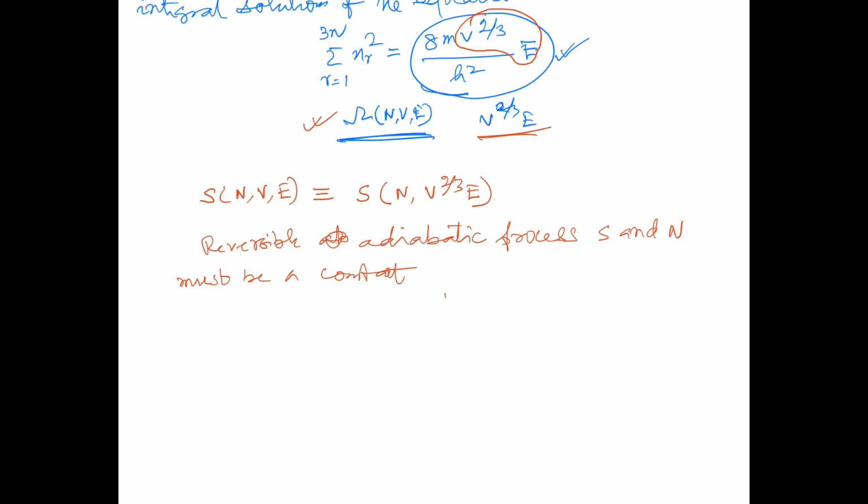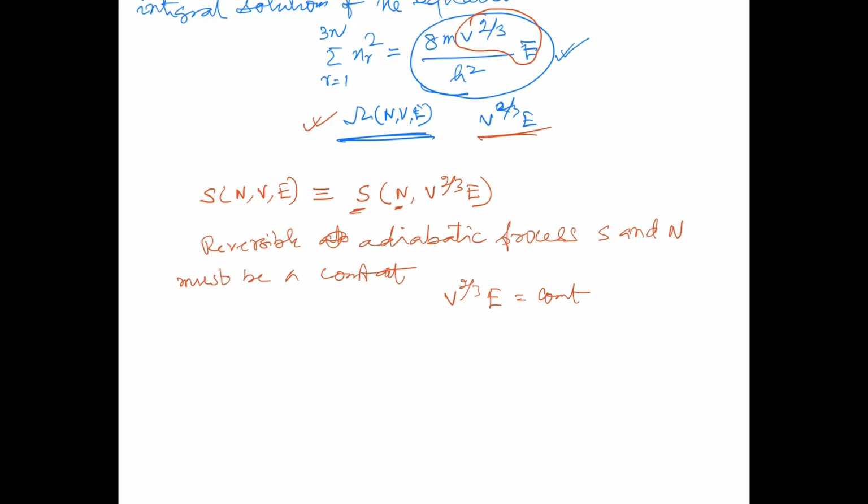So for such a process, V to the power 2/3 into E comes as constant because S and N are constant. That means V to the power 2/3 into E will be constant.